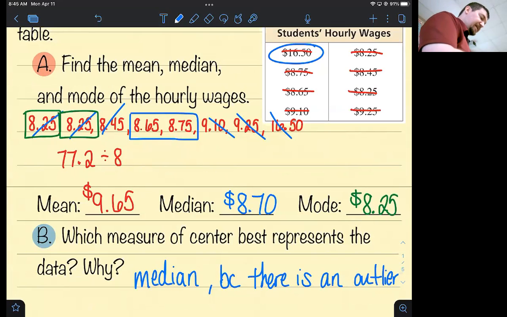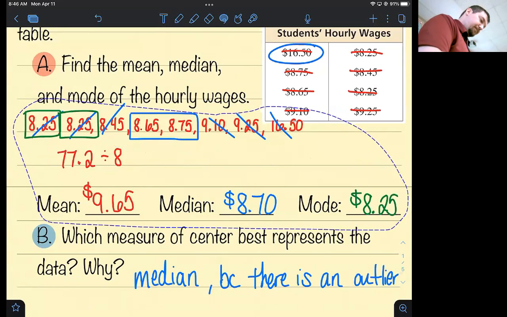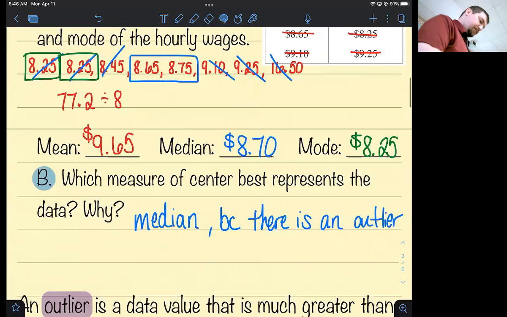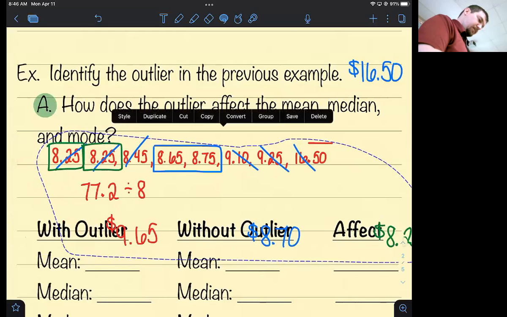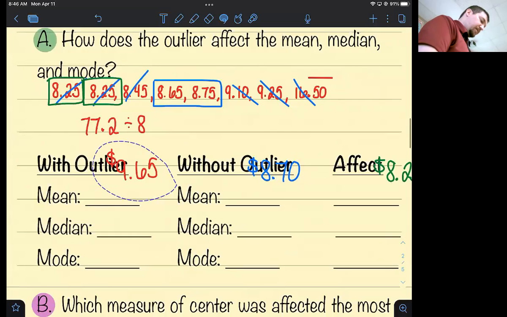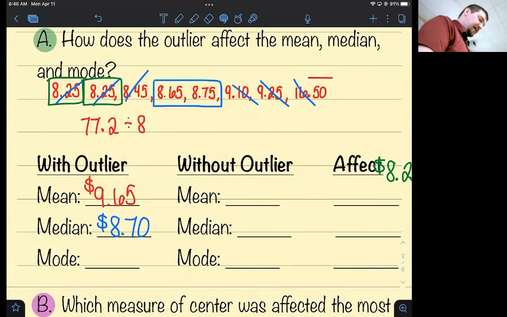So I'm just going to copy that down. In fact, I'm going to copy all this. Go ahead and copy all this stuff right here. I'm just going to drag this all down. With the outlier, the mean was $9.65. The median was $8.70.